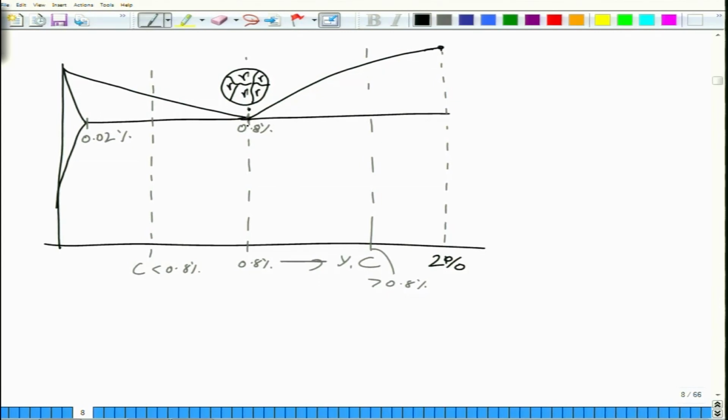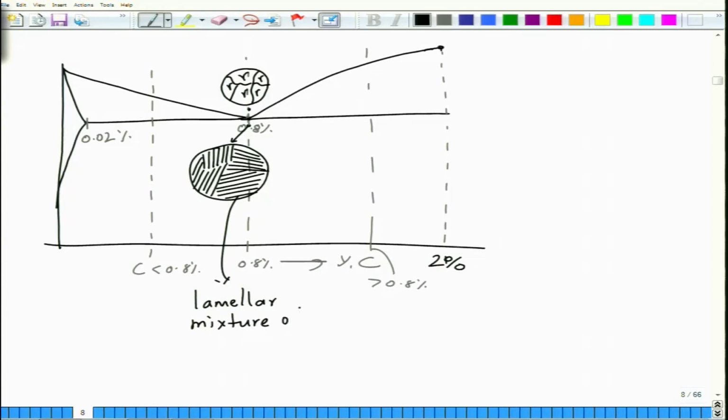And the moment you cross just below the eutectoid temperature, the microstructure transforms to a lamellar mixture of alpha Fe and Fe3C.